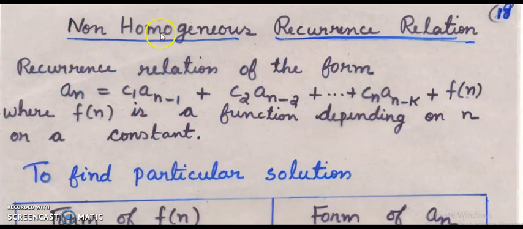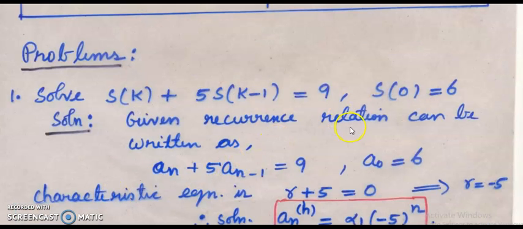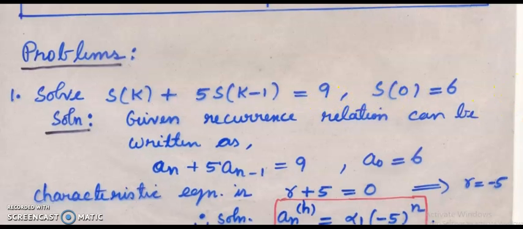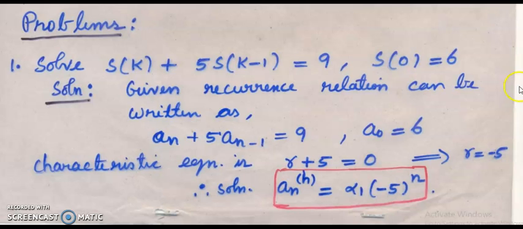In a non-homogeneous recurrence relation, you have the function f(n), which is a function depending on n or a constant term. So in this question we have a constant term. From 9 we can assume that f(n) is a constant.